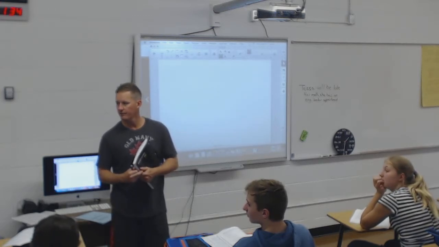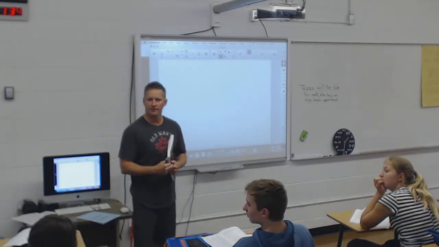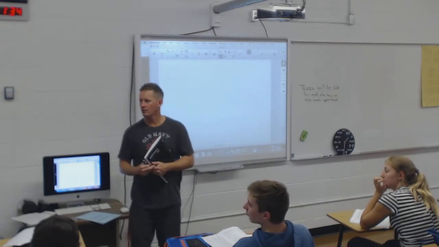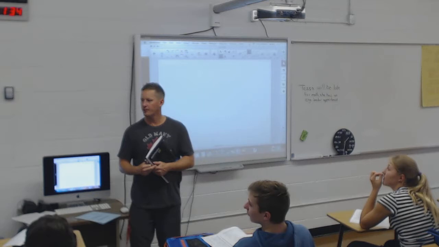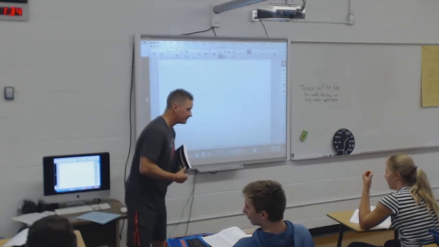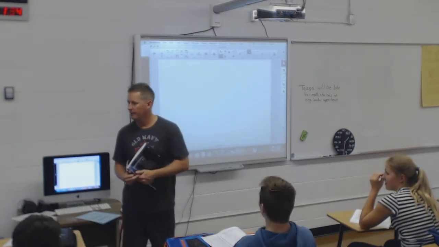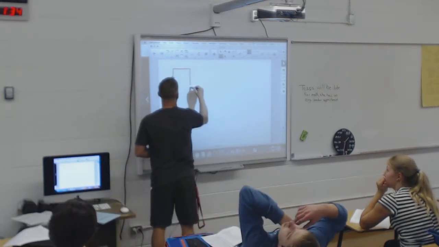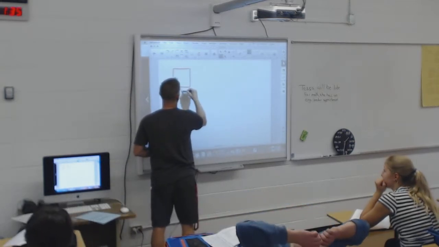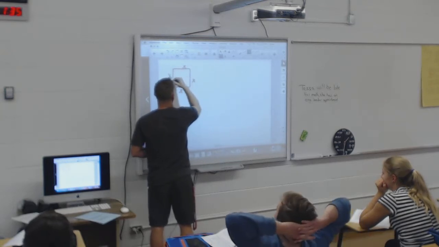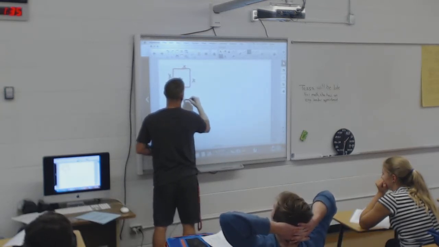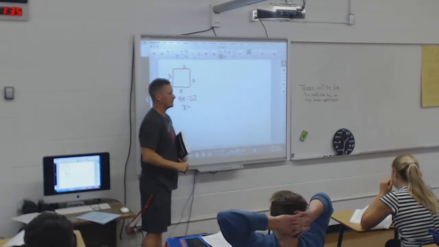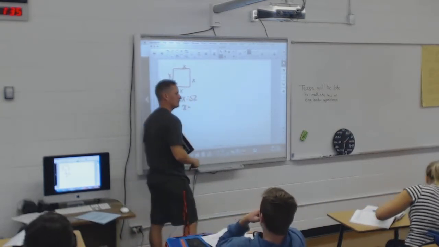Do I divide 52 by 4? Yeah, right? Because it's a square. So the perimeter of this square is 52. So x plus x plus x plus x is 4x, and 4x equals 52. X is equal to 52 divided by 4.